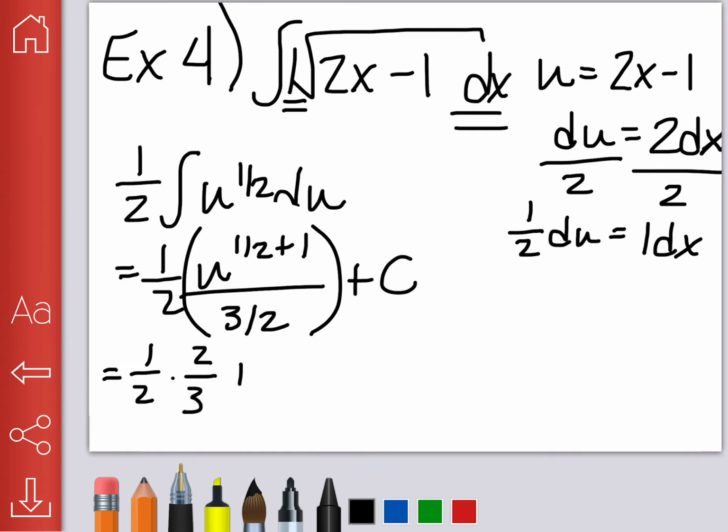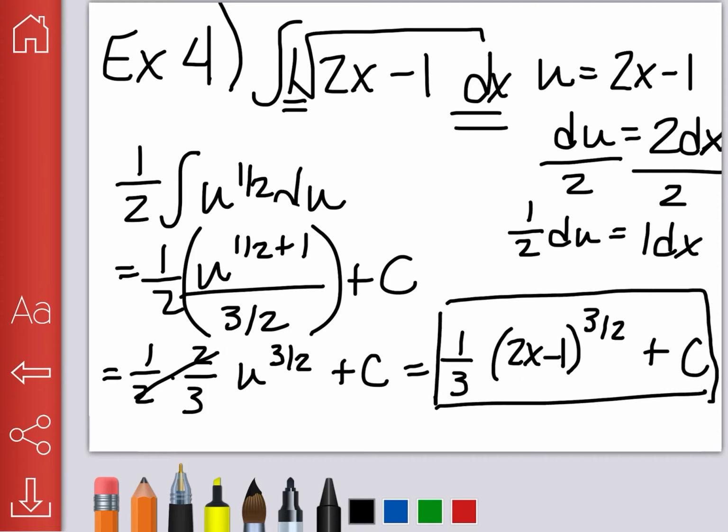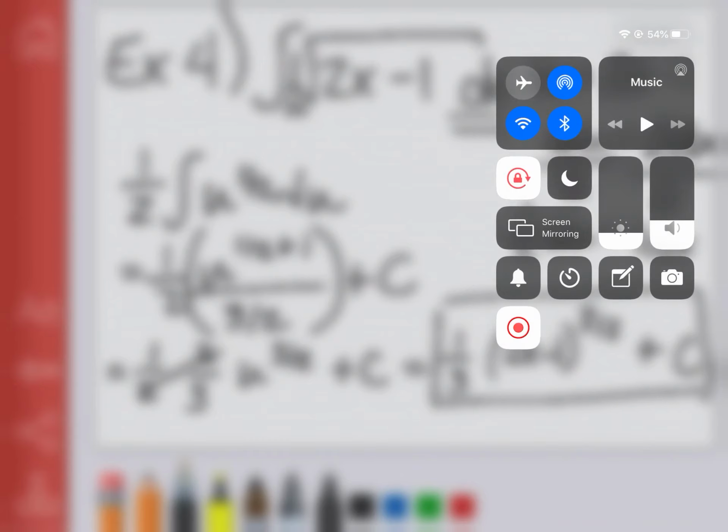So we have 1/2 times 2/3 u to the 3/2 plus c. This gives me 1/3 times 2x minus 1 to the 3/2 plus c. And that's where I'm going to end the video for today, or for this.